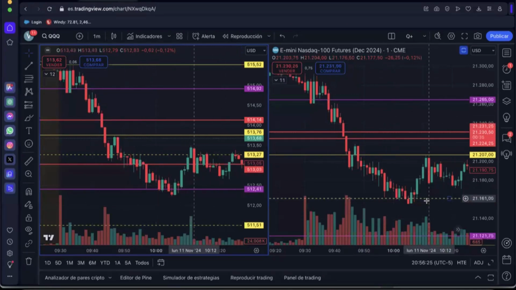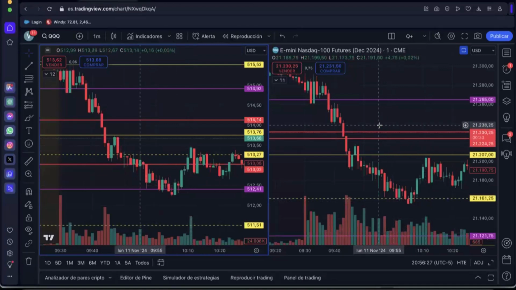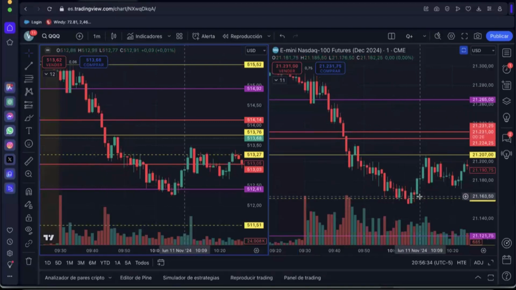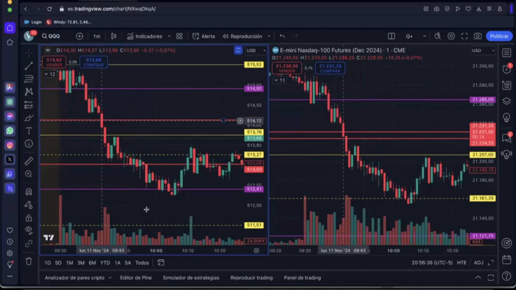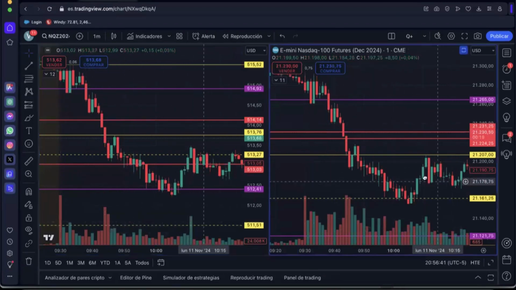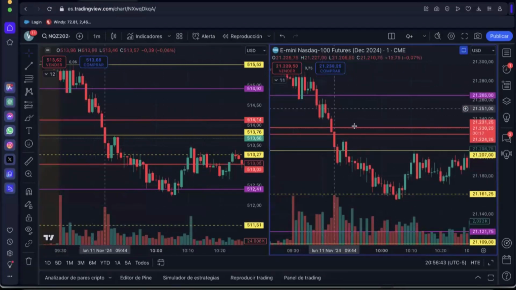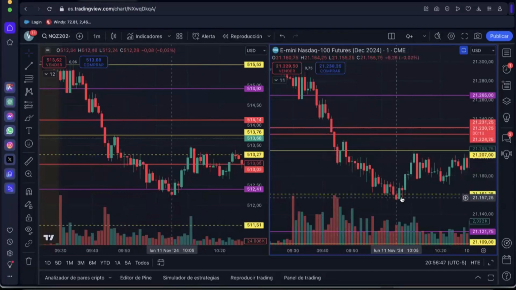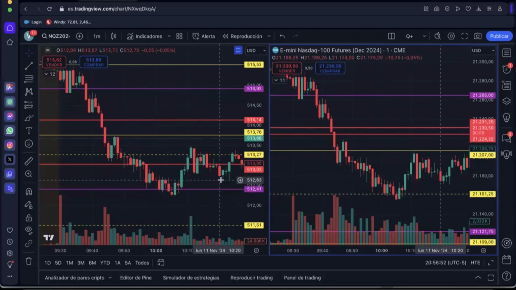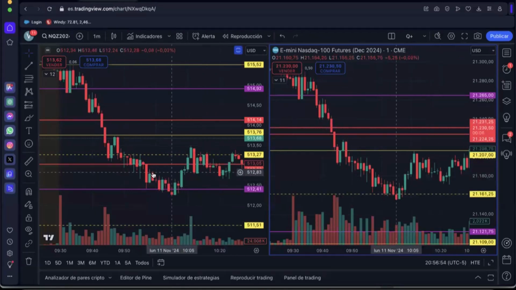From here to here was already a mega trade. Unfortunately, they stopped me out early, but that was a mega trade from this point to this point, following QQQ levels, because NQ respected the daily, broke the 4-hour, headed to the next 4-hour, and look, it bounced at the 4-hour, which matches exactly with the daily one here.